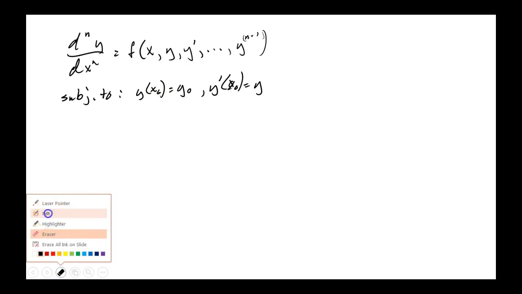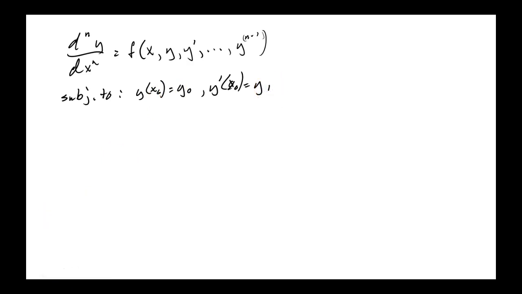That had a y0, this will be a y1. These are just values. No reason to mix up what you're calling them here. Then we'll also have y double prime at x0.